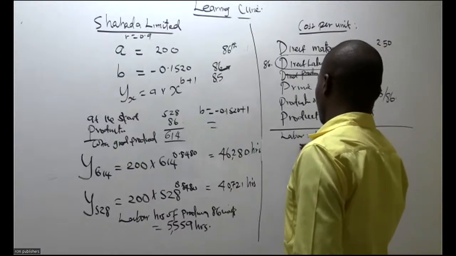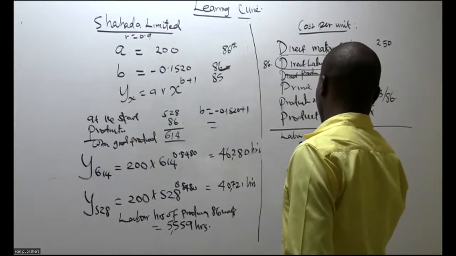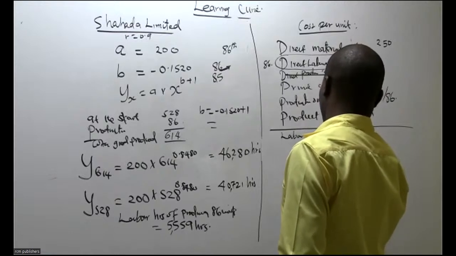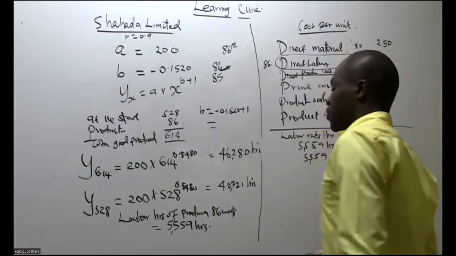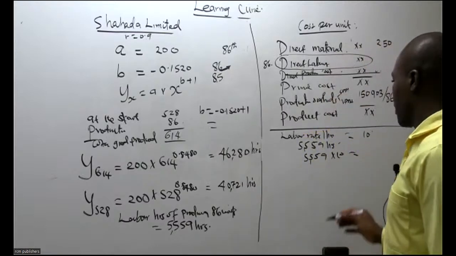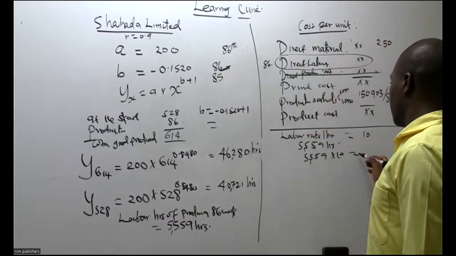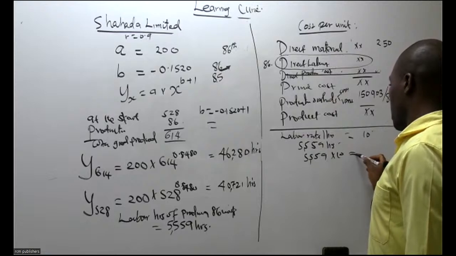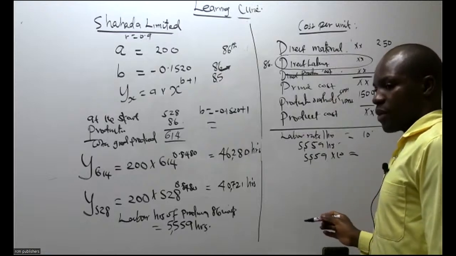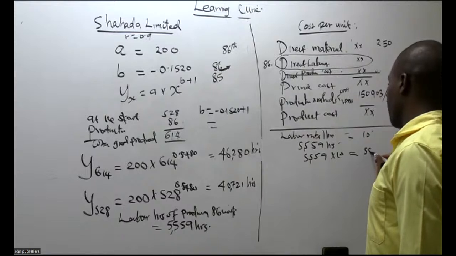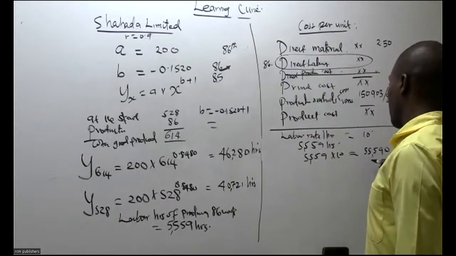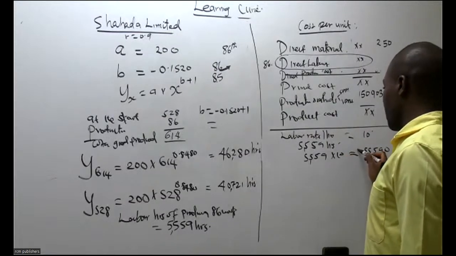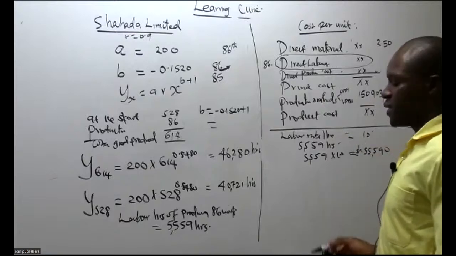Then we have a total of 559 hours. What do we have? 559 times 10, we have 5,590. Now not hours, but shillings.